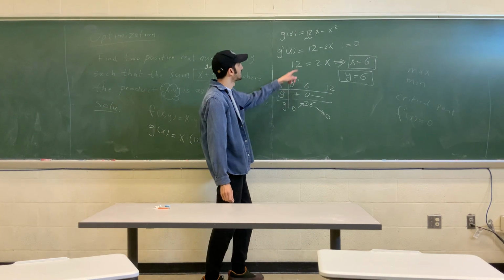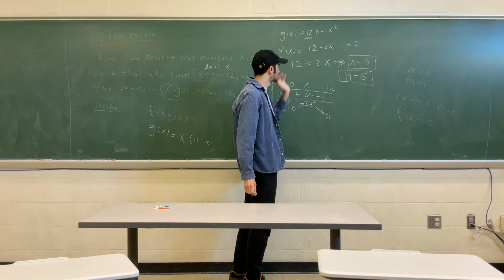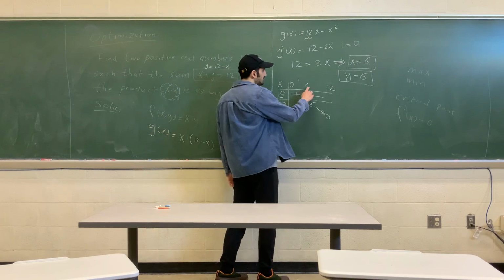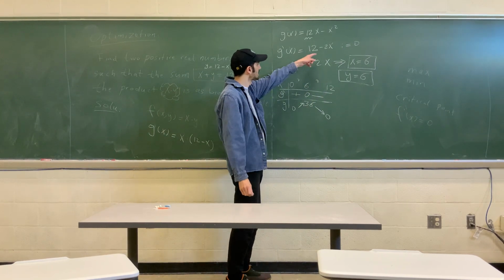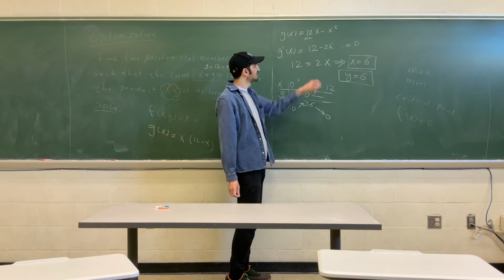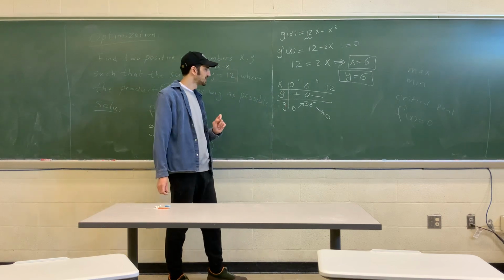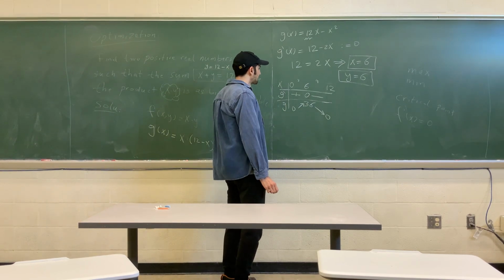For example, above here, if I plug 3, 12 minus 6, I will have 6, which is positive, so that's why I write positive. But if I plug some number between 6 and 12, for example 9, and I plug it in g prime here, I will have 12 minus 18, which is negative 6. That's why I write negative here. So clearly, this point represents the maximum value.